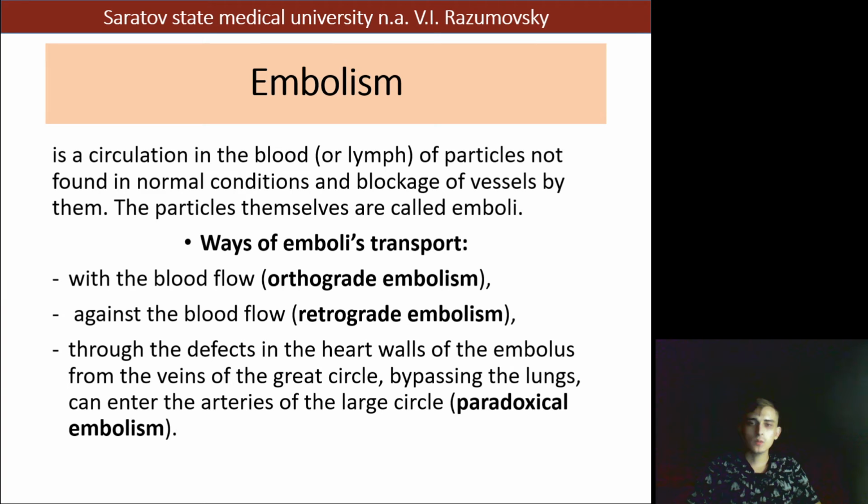They may be orthograde, retrograde, and paradoxical. With the blood flow is orthograde, against the blood flow is retrograde, and from defects of the heart or some shunts you may find paradoxical embolism.